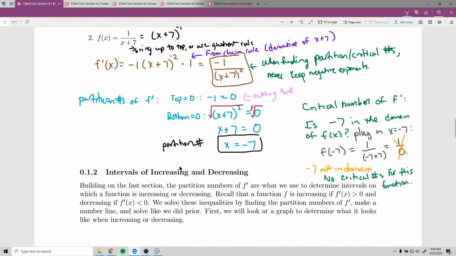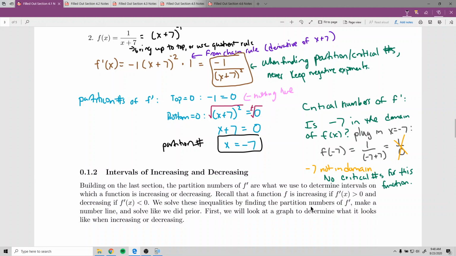As we go through the rest of the steps in this section, the ultimate goal of all these problems is to figure out, with the function, what are the critical numbers, what are the partition numbers, where is the function increasing or decreasing, and then finally, where are all the maximums and minimums.